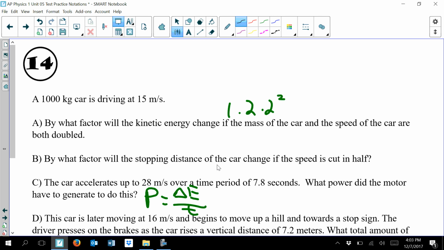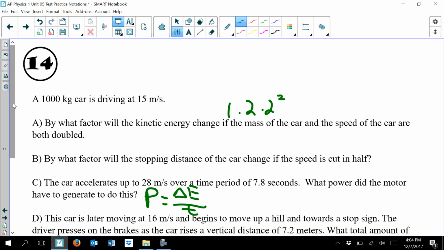If you are going half as fast, that means you have a fourth of the kinetic energy, which means you have a fourth of the work to do. Assuming that the force applied by the brakes is constant, the distance would be a fourth as much in order to stop the car, because work is a change in energy.